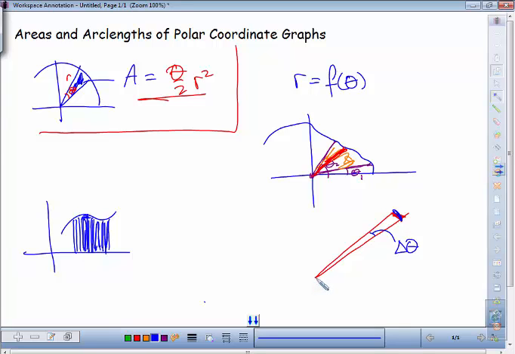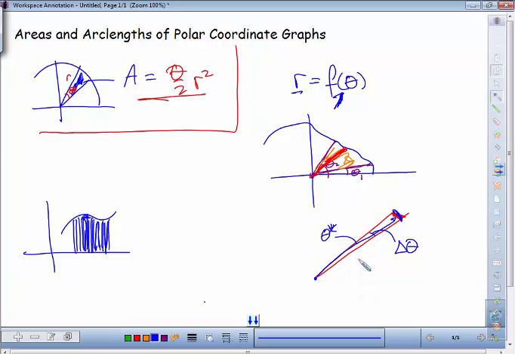And then for some value of theta, it could be the right endpoint, the left endpoint, the midpoint, or any value in between. We'll just say that's theta star. To get the radius, you just put theta star into the function, and that gives you your approximation for that one little sector.